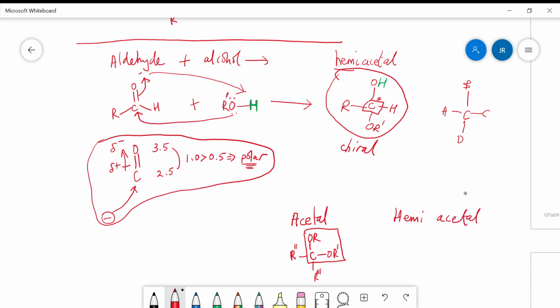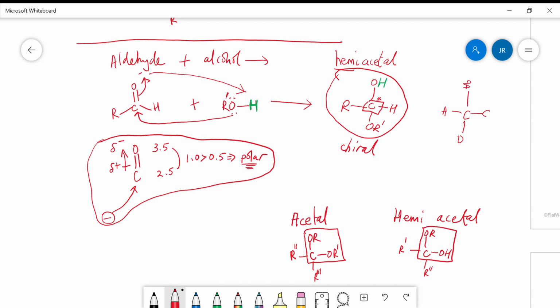A hemiacetal is going to be a carbon with an OR and an OH. And that's the important part of a hemiacetal.